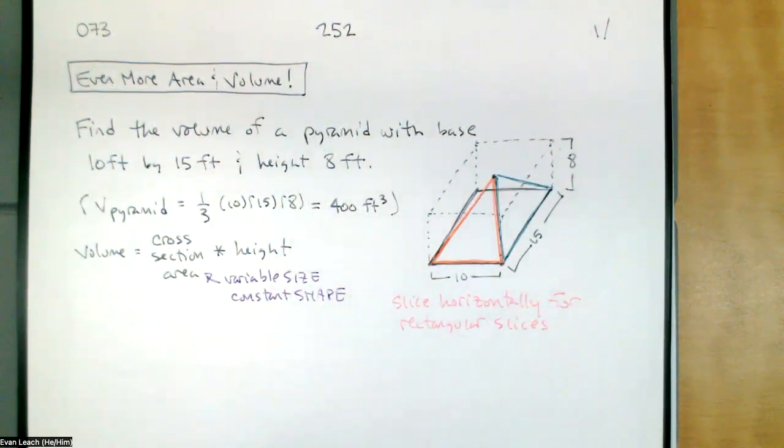We're going to slice horizontally for rectangular slices. We're going to slice parallel to the floor so that we always have a rectangle. The rectangles will get smaller, but we'll always have a rectangle.